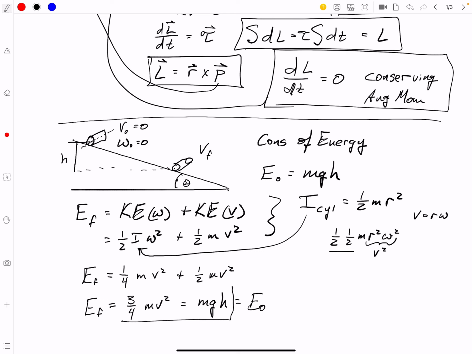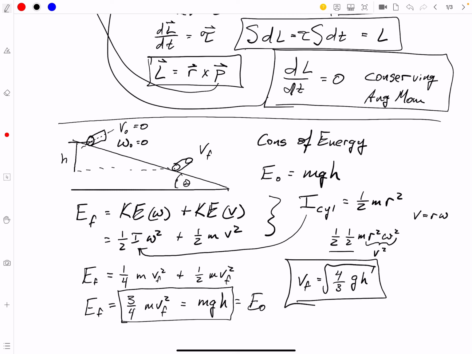So these two have to be equal, and then we can solve that for our V final. I better put little finals in here. And that ended up giving us that the V final was equal to the square root of 4/3 gh.